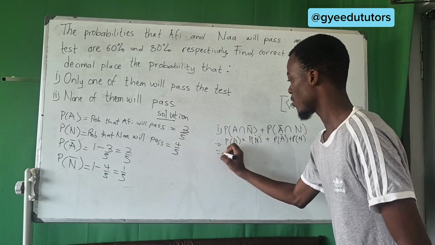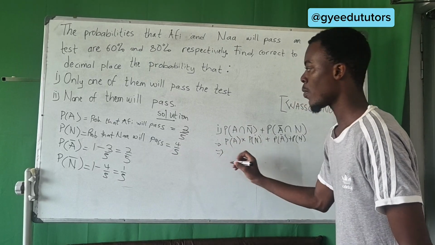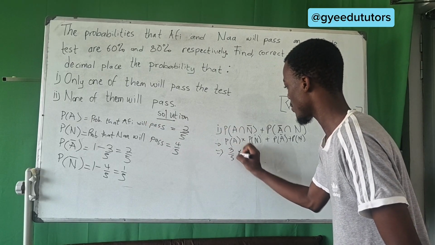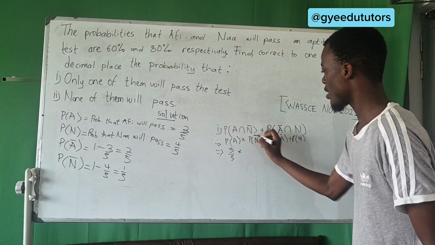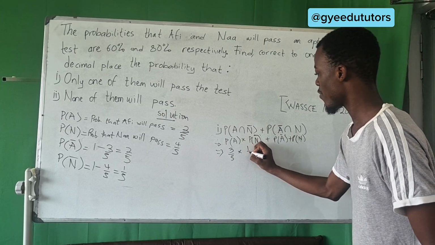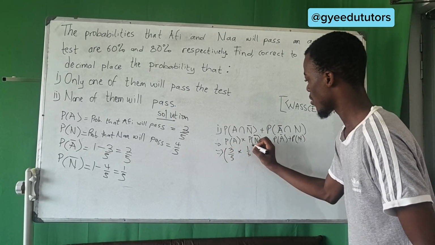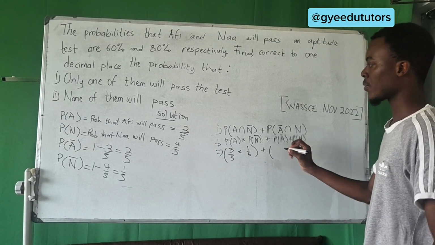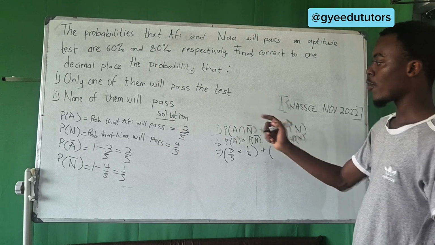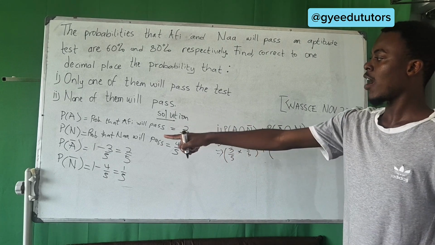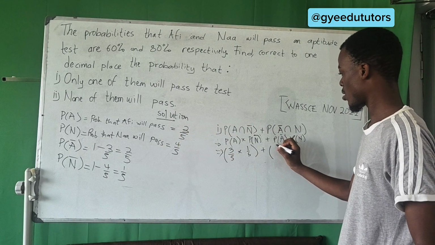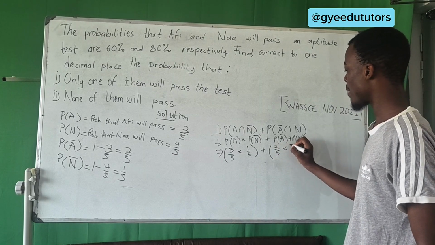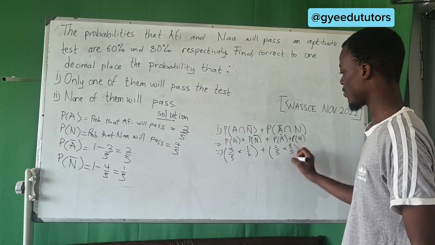Okay, so the probability of A is 3/5, times the probability of Nana not passing, which is 1/5, plus the probability of Afi not passing, which is 2/5, times Nana passing, which is 4/5.